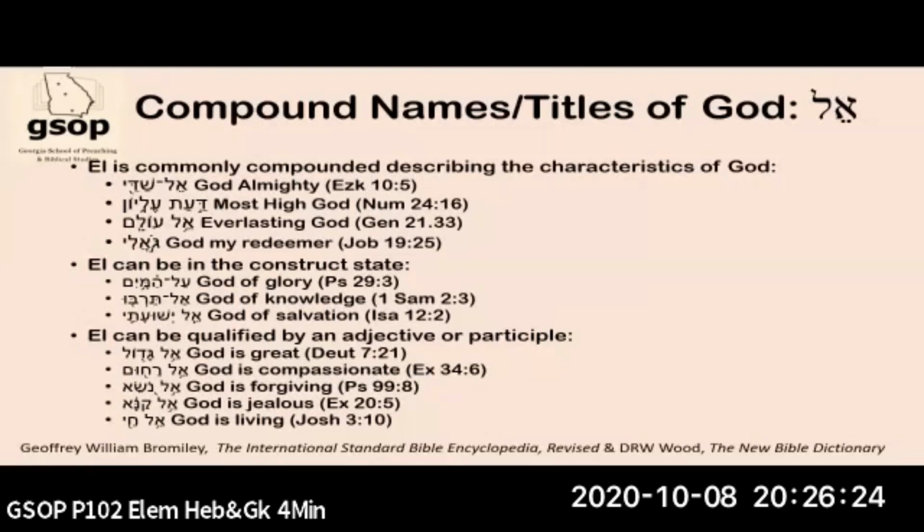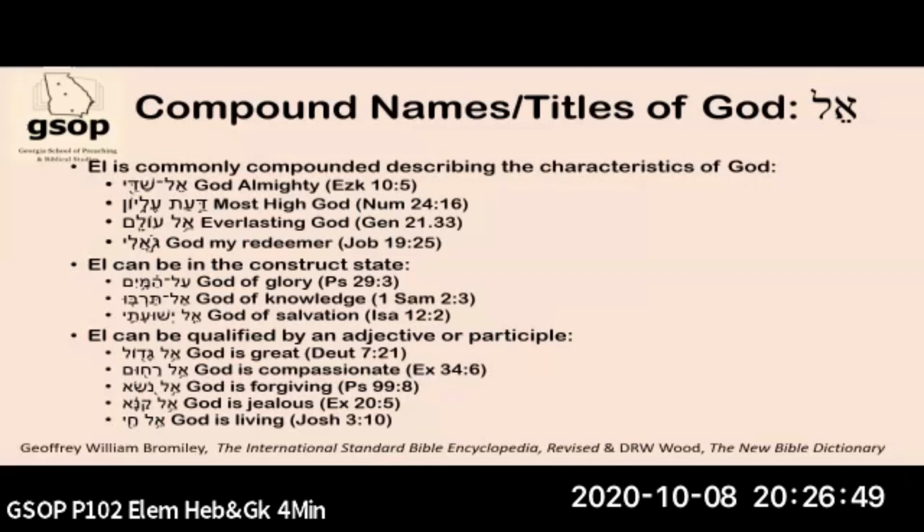El can be qualified by an adjective or participle. We haven't done, nor are we going to do, adjectives or participles in this class, but you can have the great God, El Gadol, Gadol is great. Or El Rahum, God is compassionate, Exodus 34. Or El Nose, God is forgiving, Psalm 99.